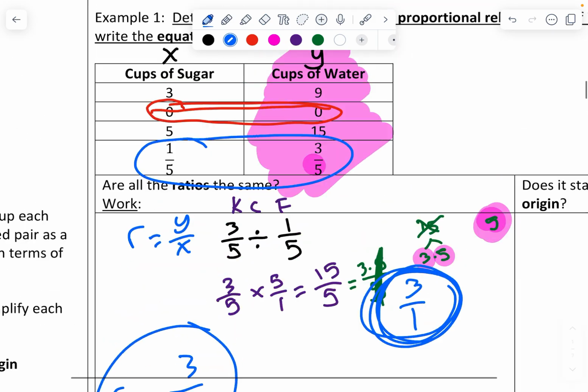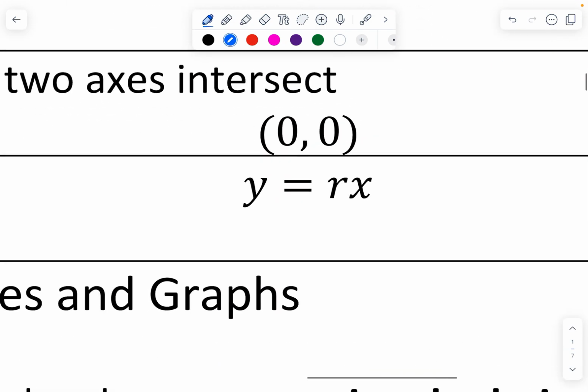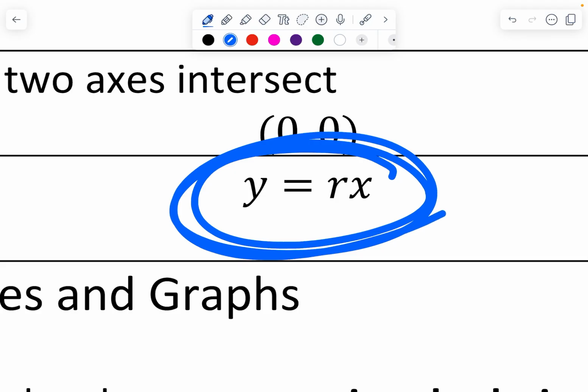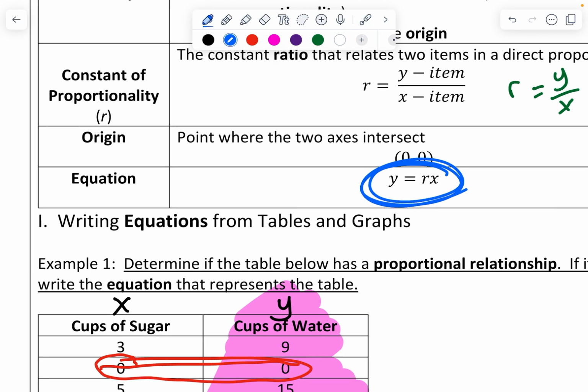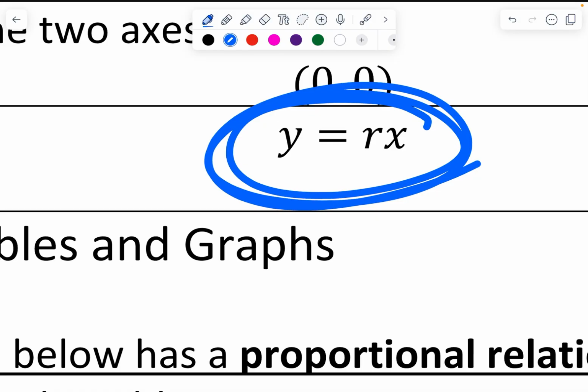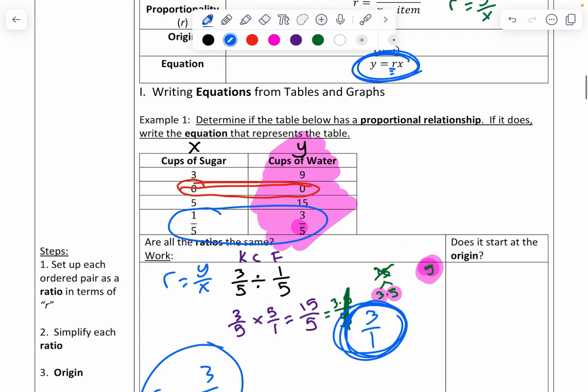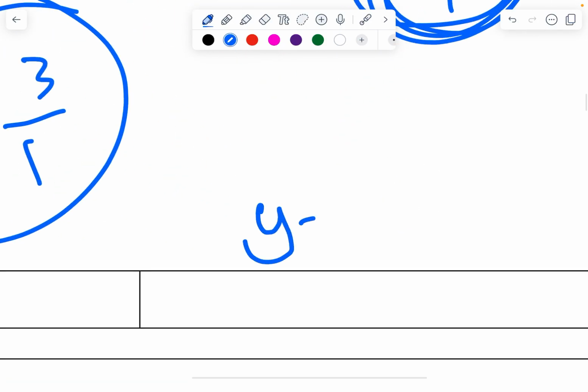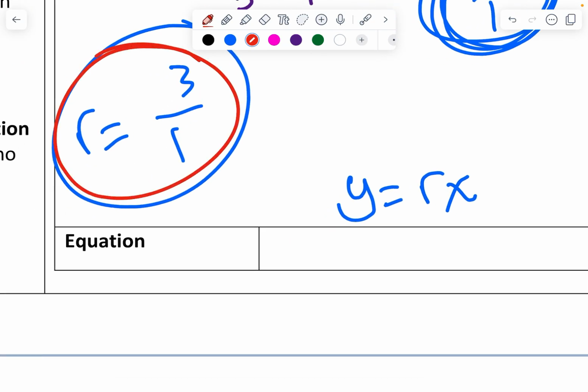That is our R. But hey, right here, I've got y equals Rx. That's the equation that we're going to start doing. Okay? So once we find what R is, once we see that all of my relationships are proportional, I just plug it into the R. Okay, so again, y equals Rx. But we just said that R was 3 over 1.